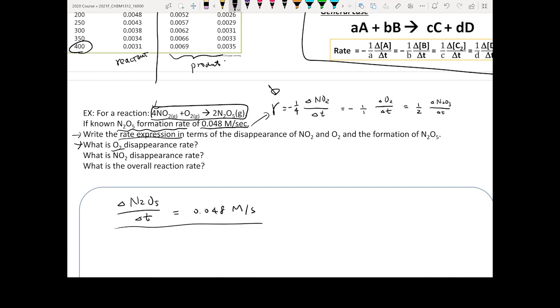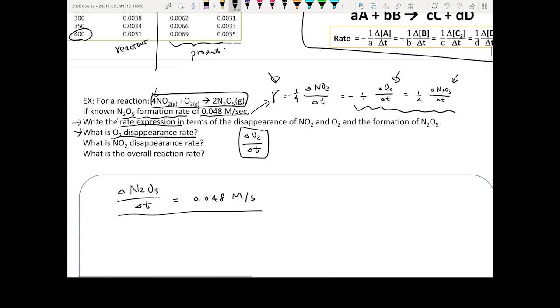Then it wants you to write down the O2 disappearance rate, right? That actually means I want to know delta O2 over delta T. How do you get delta O2 over delta T? There are multiple ways, right? Because you know this equals each other, so since you know this, you can just solve that.